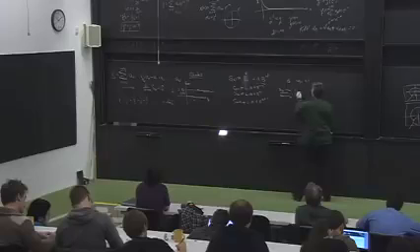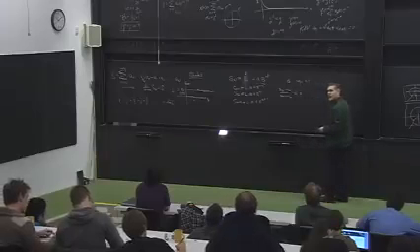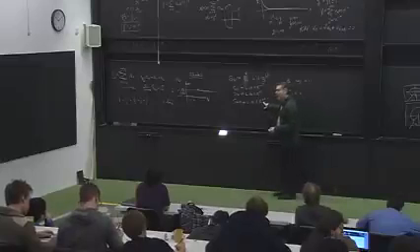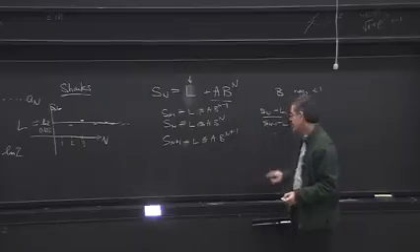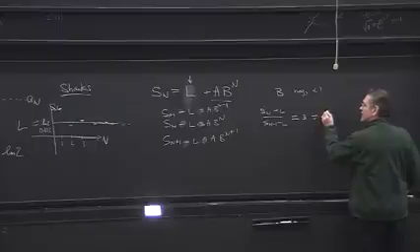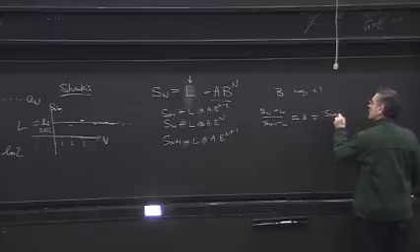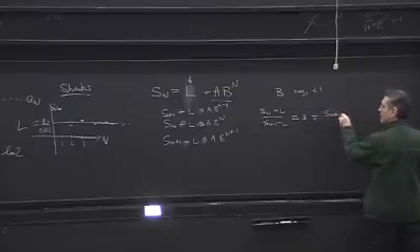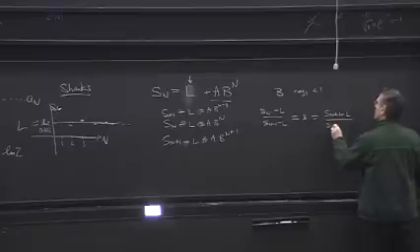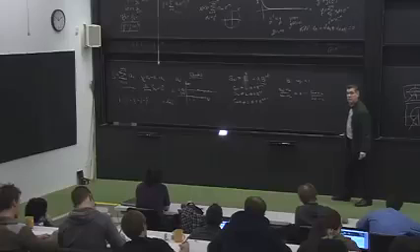B, right? That's just B. And what do you get if you divide the bottom equation by the middle equation? You get Sn plus 1 minus L divided by Sn minus L. You agree?